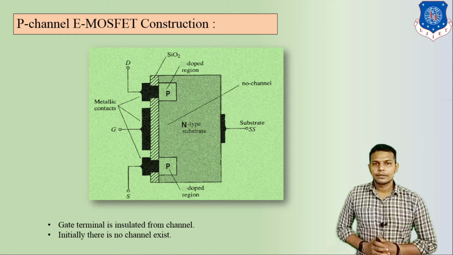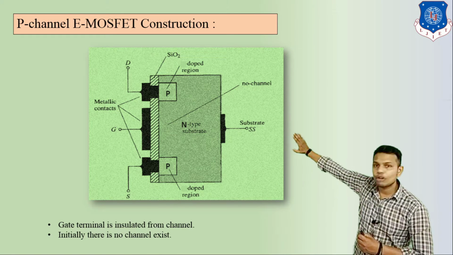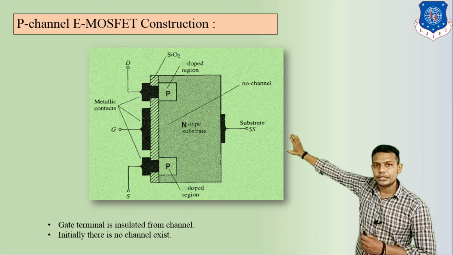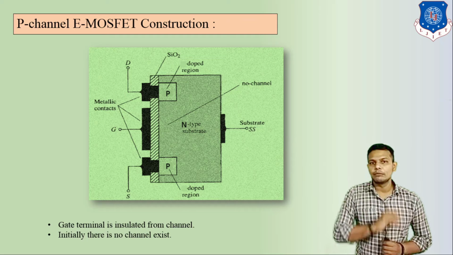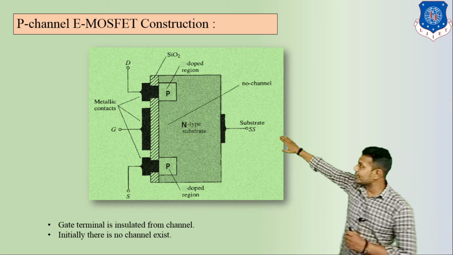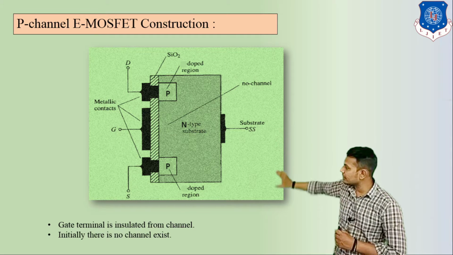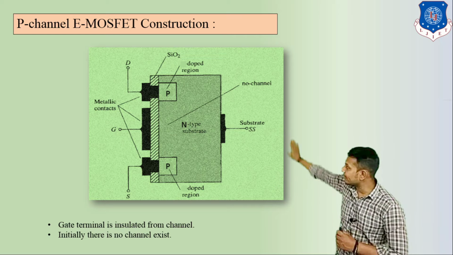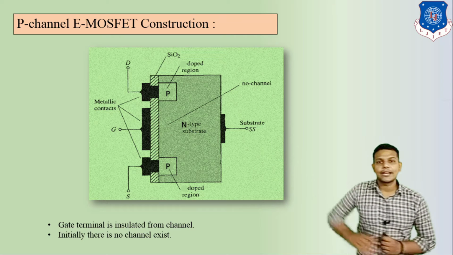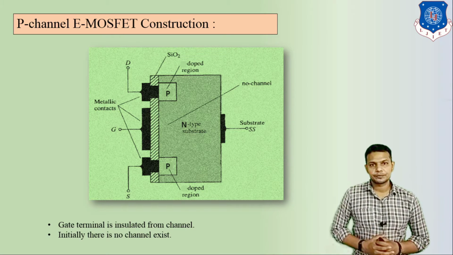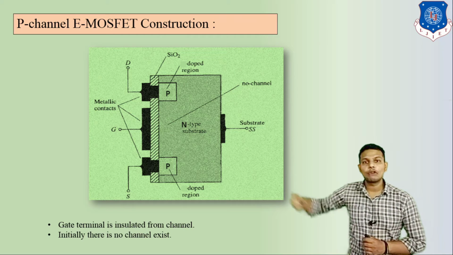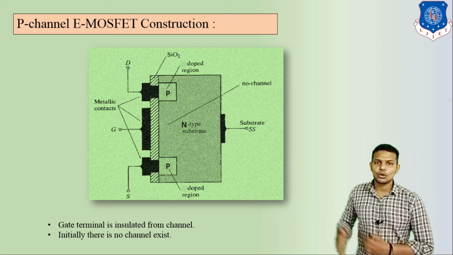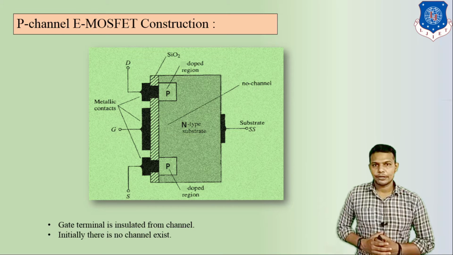Here we can see in place of N we put a P region, because it is a P-channel E-MOSFET. So we can see the P type region is here, and that large area is known as the N type region. Due to this P type there is a flow of current, that's why it is known as P-channel E-MOSFET.